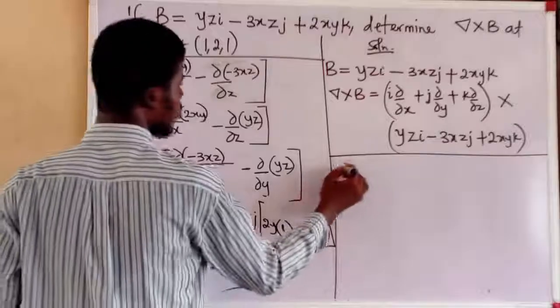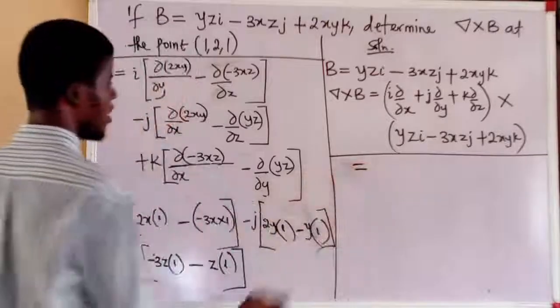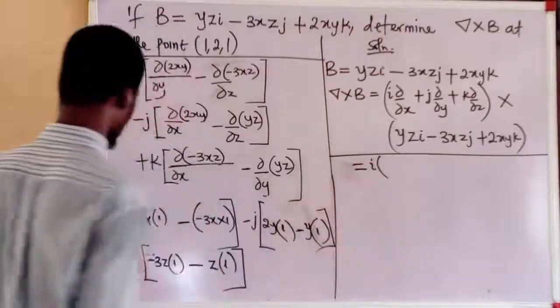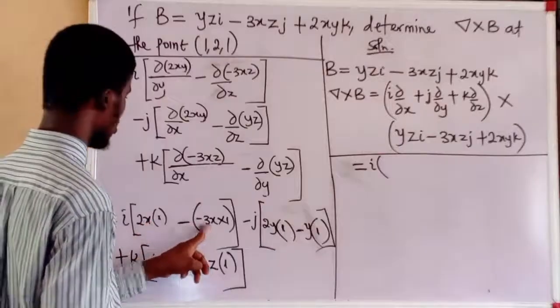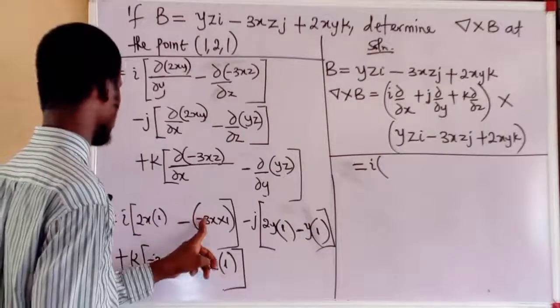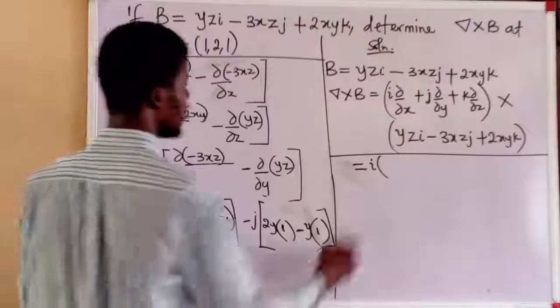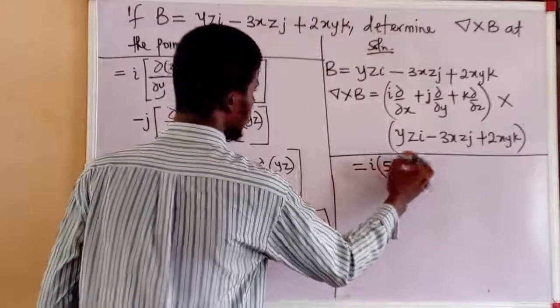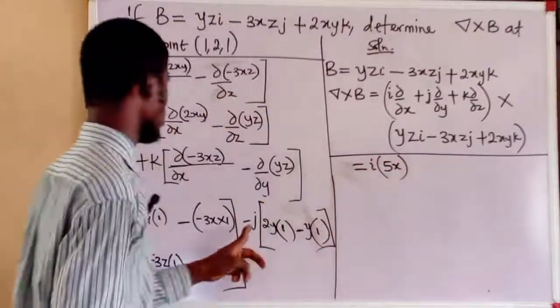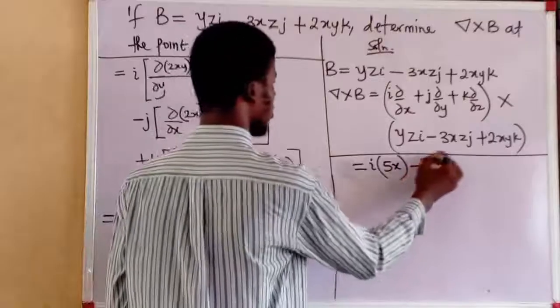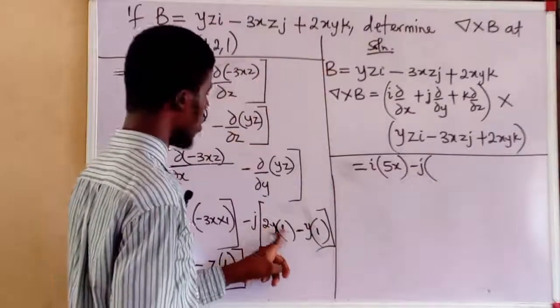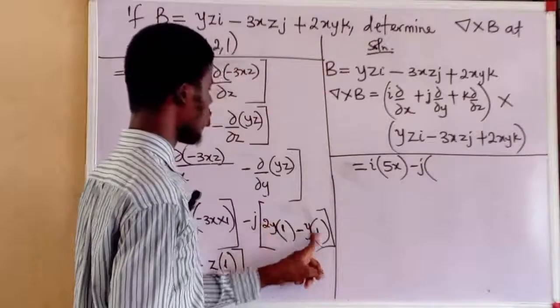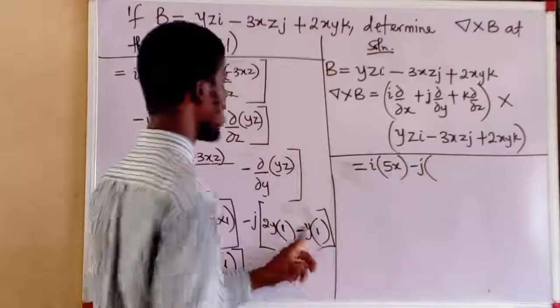And this is equal to i into 2x plus 3x. Minus is a plus. So 2x plus 3x, that's 5x. Alright. So we have minus j into 2y minus y, and 2y minus y is y.